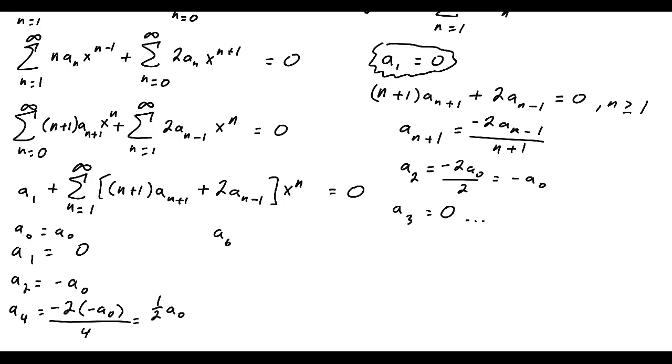Well, a sub 6 will be related to that, so a sub 6 will be equal to negative 2 times a sub 4, which is actually equal to 1/2 a sub 0, and that will be over 6. So simplifying that, we see that a sub 6 is equal to negative 1 over, and I'm going to write that as 3 times 2, times a sub 0.